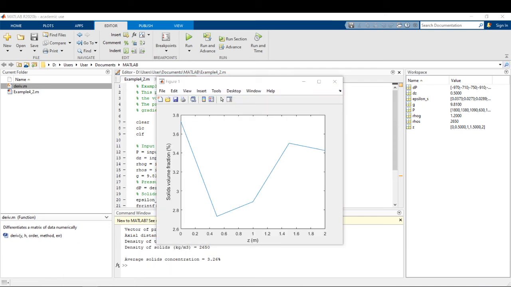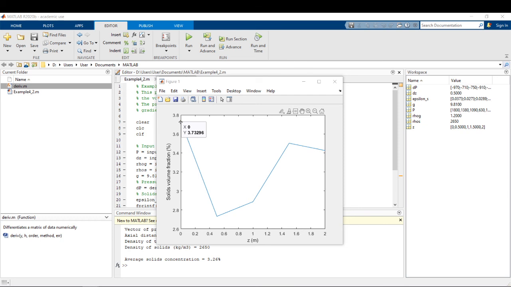Figure 1 shows the results graphically, and it can be seen from this figure that the solid's fraction does not change appreciably with height, and the value of epsilon s varies between about 2.7 to 3.8, approximately, with its mean value.